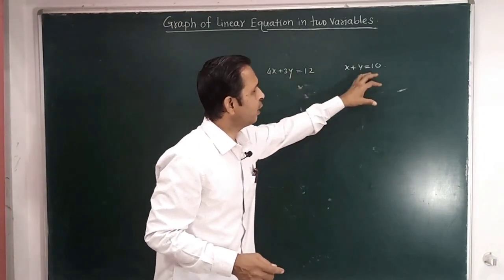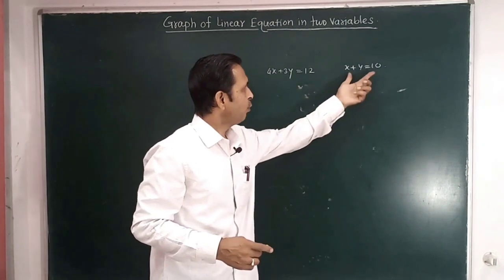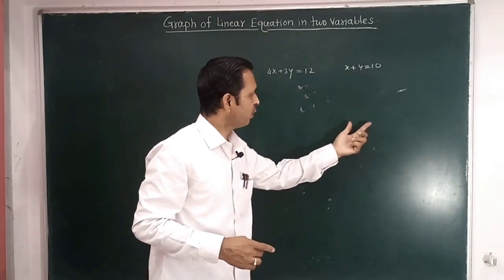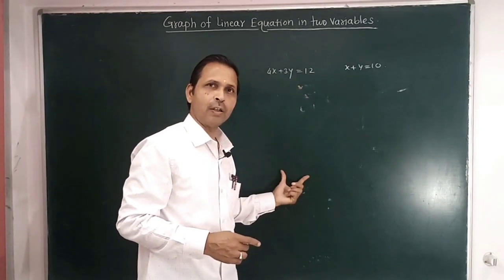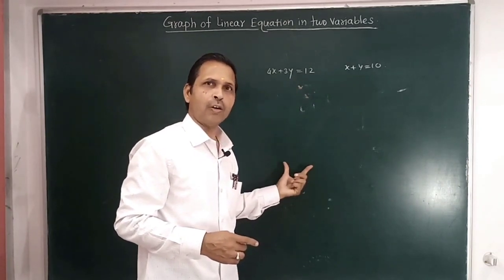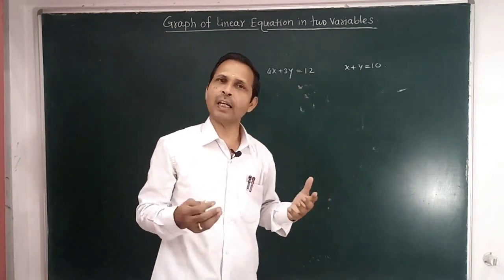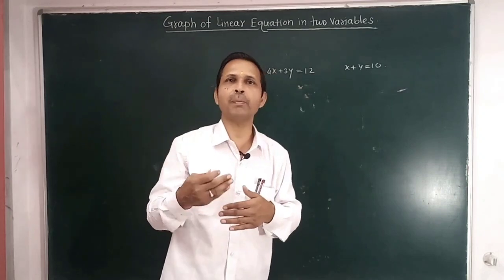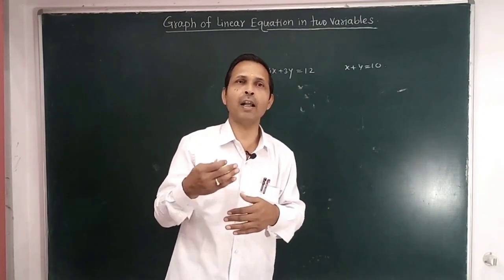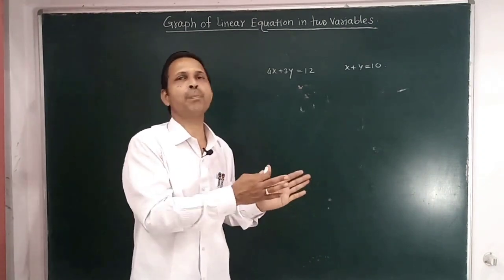These are the two linear equations in two variables. We can't write such pairs every time, and that's why we use methods called algebraic methods, which we learned in the previous video.